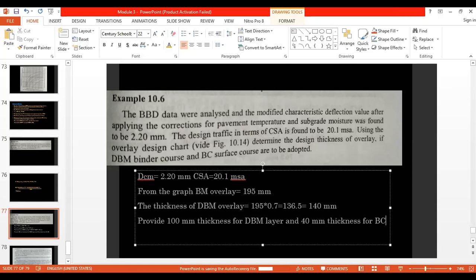There are no standard norms that you should provide that much only, but at minimum you have to provide 40 to 50 mm for the BC course.